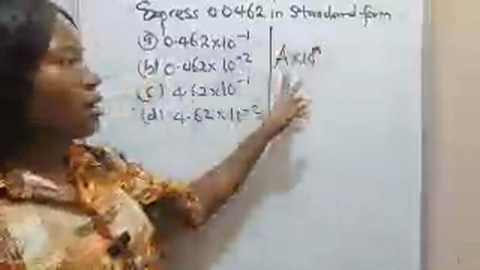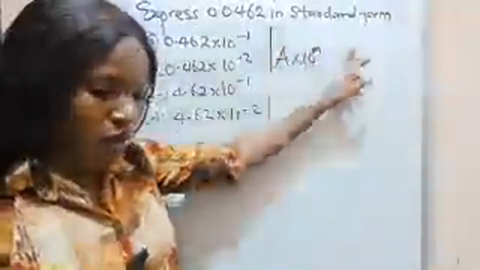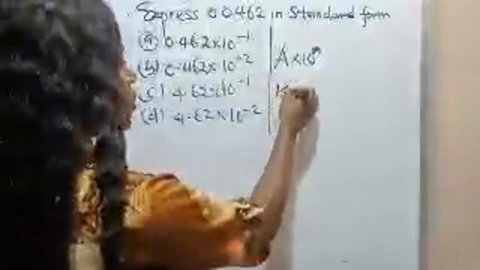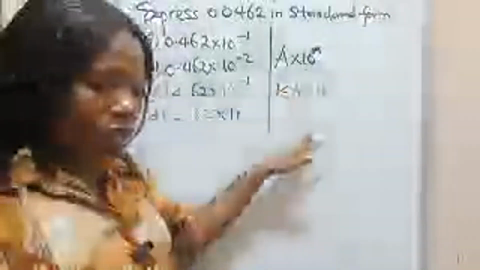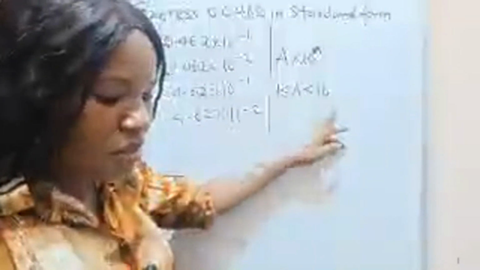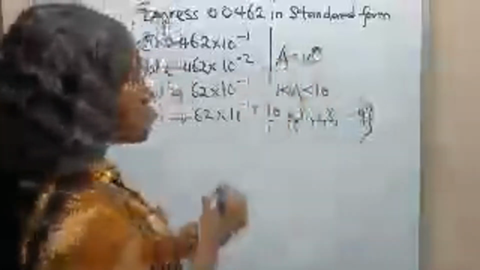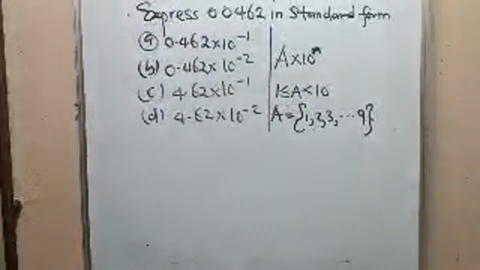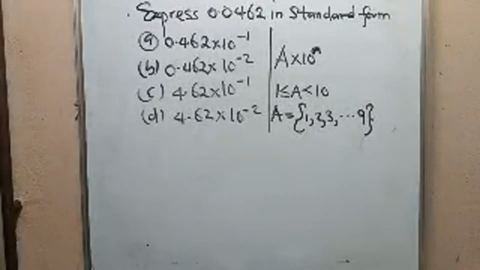Your A has to satisfy 1 less than or equal to A, which is less than 10. Your A has to be between 1 and 10, and that simply means that your A is 1, 2, 3 to 9. So your A cannot be 10.